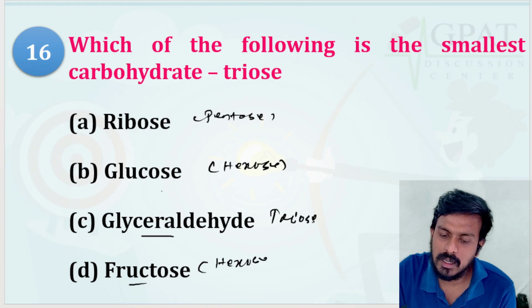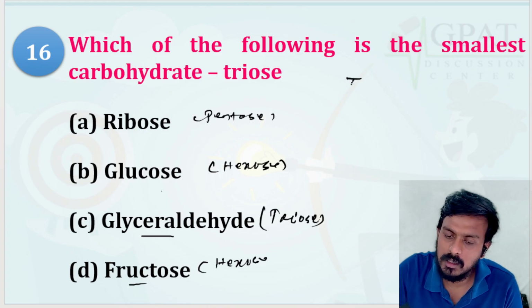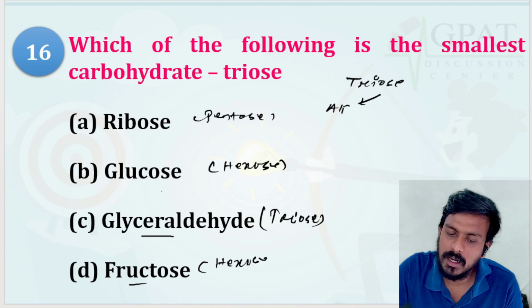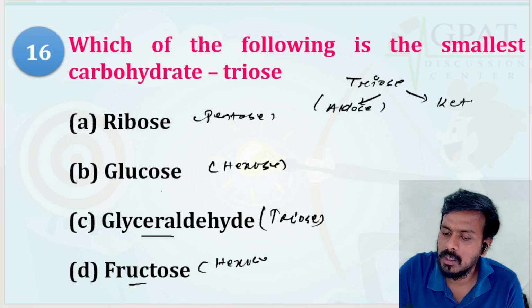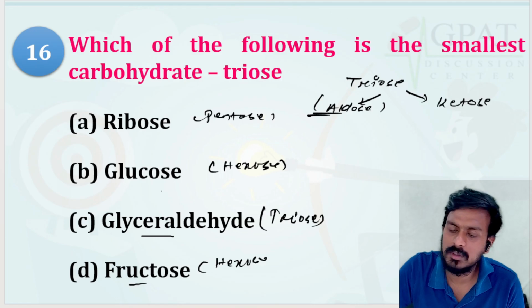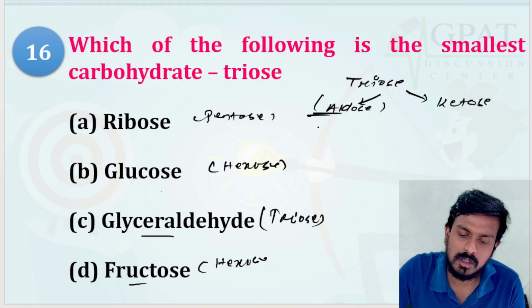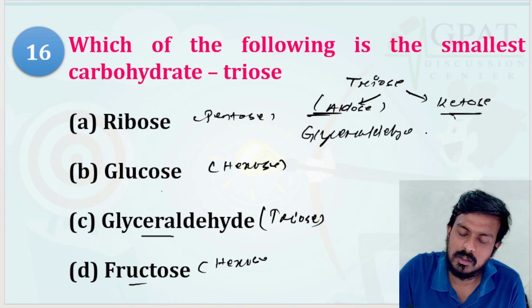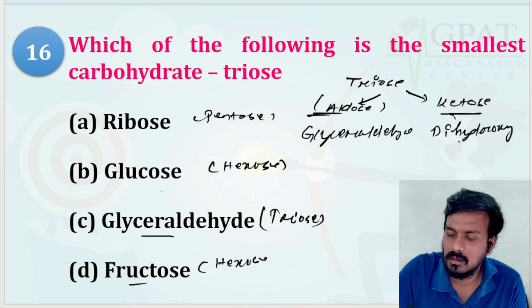In the triose class you have two examples. One is an aldose, with an aldehyde functional group, which is glyceraldehyde. The other is a ketose, with a ketone functional group, which is dihydroxyacetone.